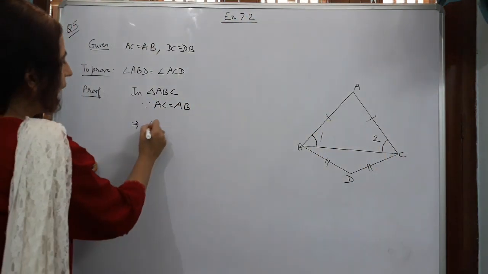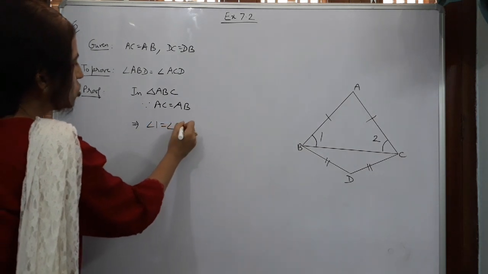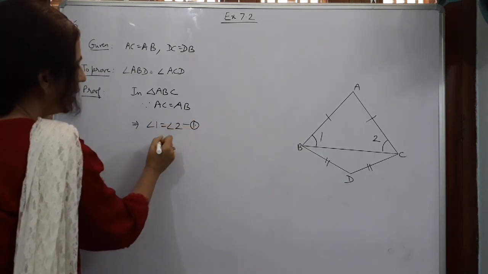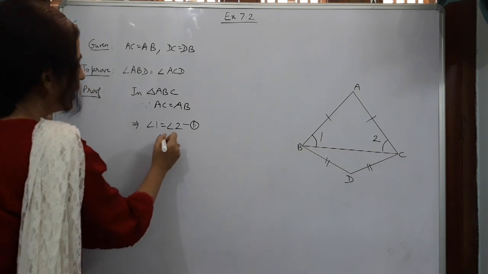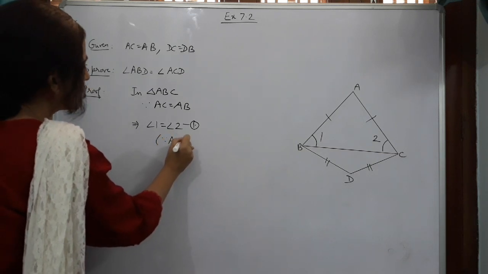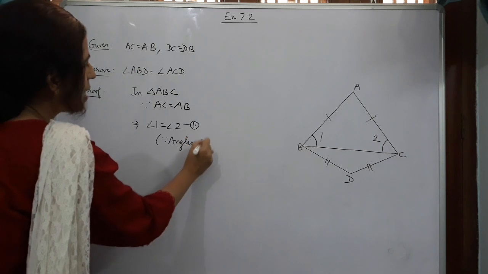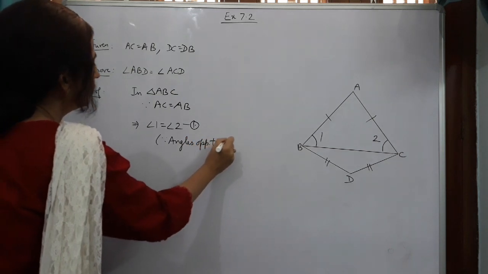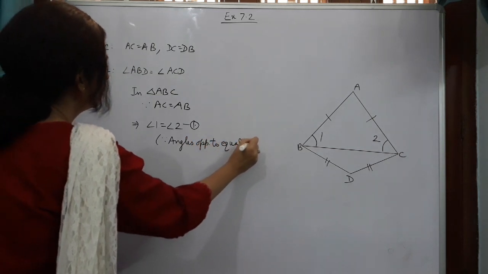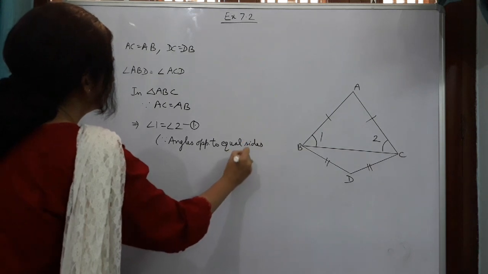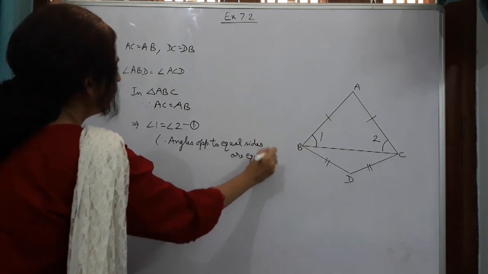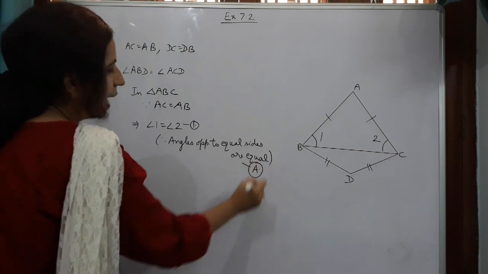So we obtain angle 1 is equal to angle 2. Let this be equation 1, and we write down the reason for it. Since angles opposite to equal sides are equal, and we name this as property A.